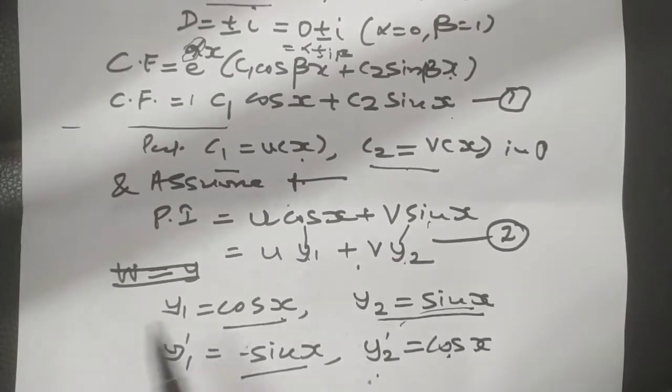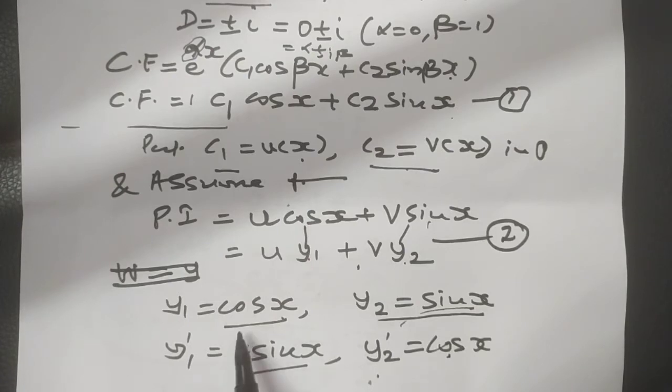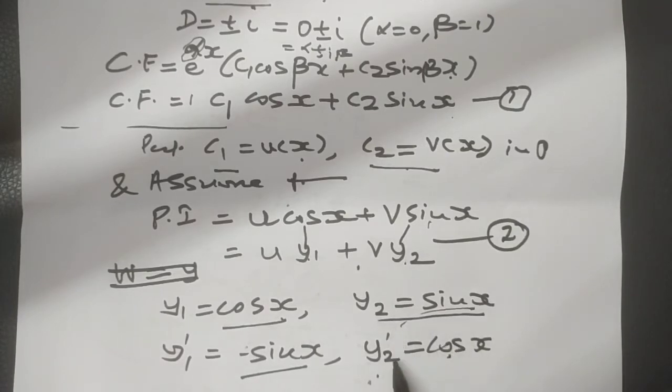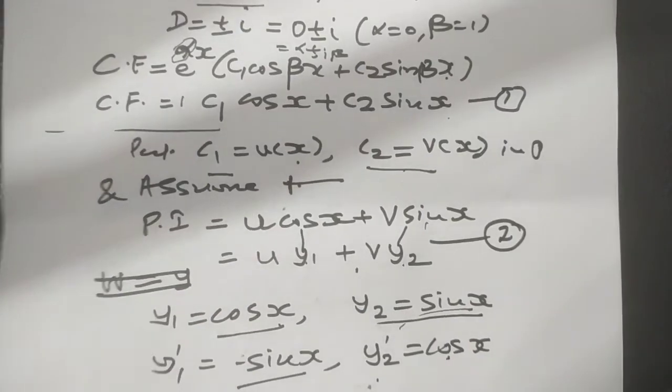So I write down y1, y2, and I need their derivatives with respect to x. The derivative of cos x with respect to x is minus sin x. Then the derivative of y2, y2 dash, is cos x.